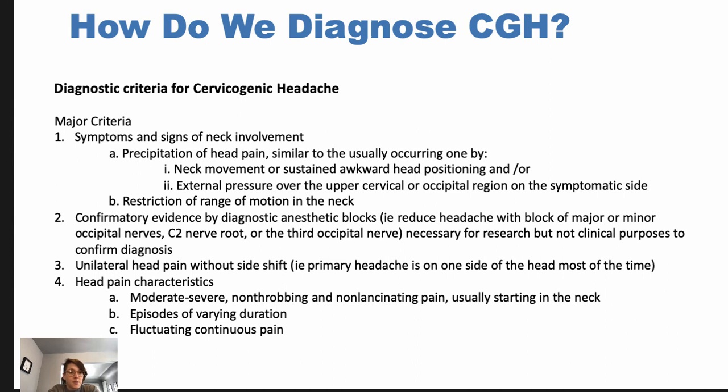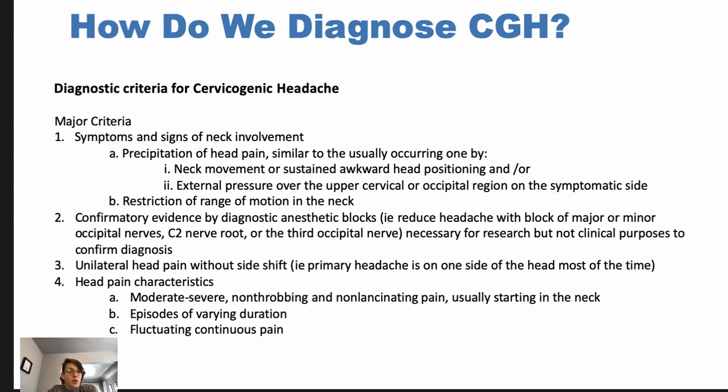They confirm this with some diagnostic blocks, which we won't be able to do, but usually those headaches are unilateral without side shift, meaning the primary headache is on one side most of the time, and it doesn't kind of switch back and forth from left to right.